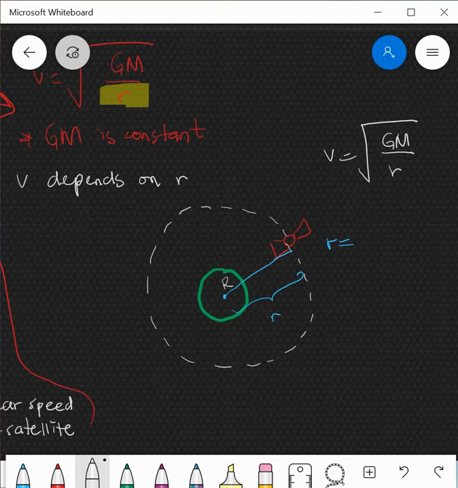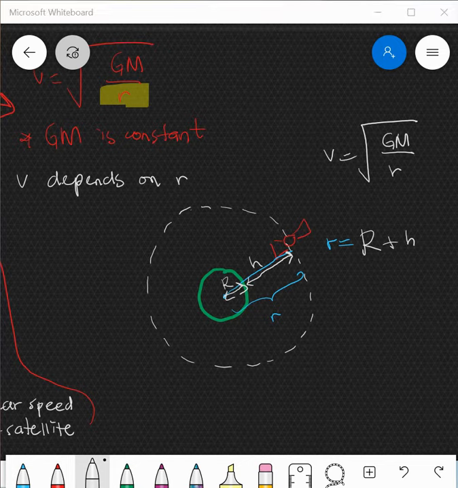the radius of the Earth plus h. The radius of the Earth goes up to here. H is the height of the satellite from the surface of the Earth until the orbit. So we break it down: r is the radius of the Earth plus the height of the satellite from the Earth.